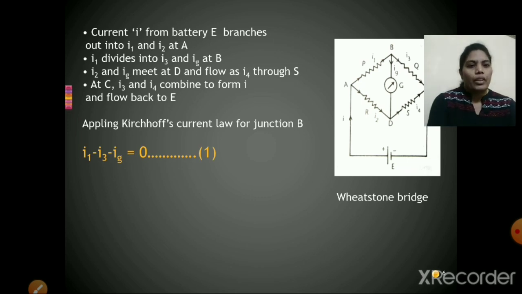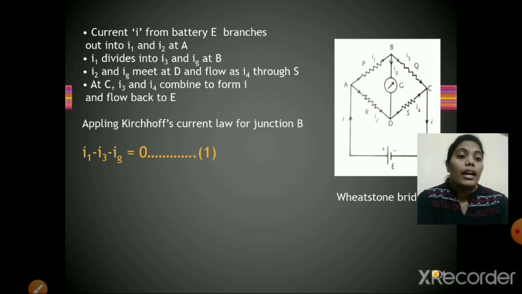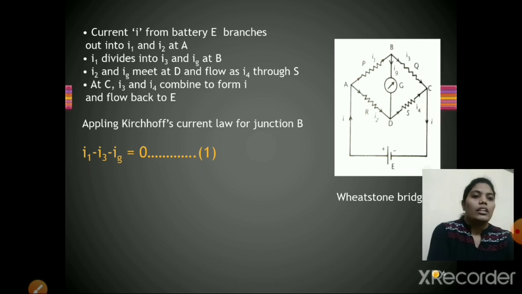Now, applying Kirchhoff's current law at junction B: in the picture you can see at junction B there are three currents, I1, IG and I3, where I1 is flowing towards junction B and I3 and IG are flowing away from the junction.